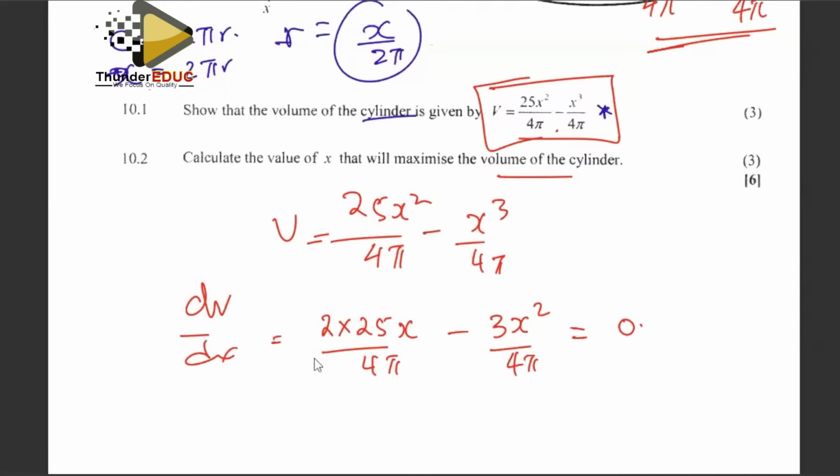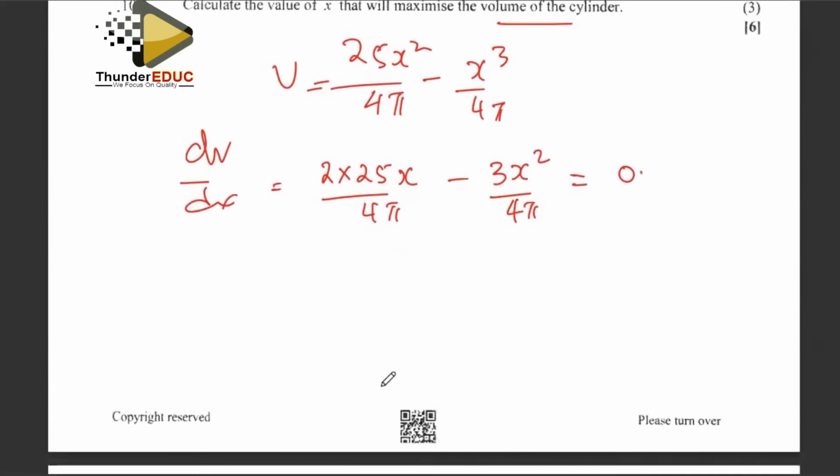This should be equated to 0. But since the denominator is the same, 4 pi, and pi is a constant, we can multiply through by 4 pi, meaning we have 50x minus 3x squared equal to 0.